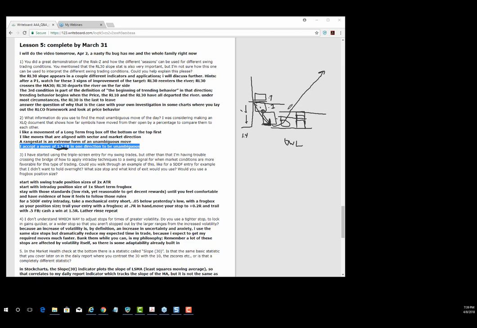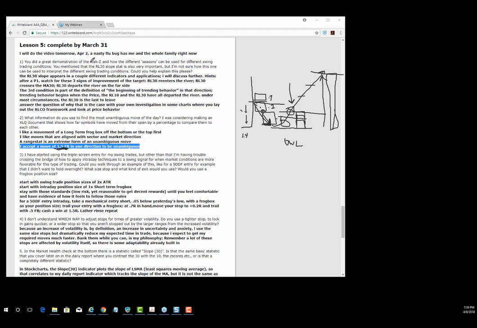Any one of those, and now I consider that to be unambiguous, and off it goes. Now, if it moves from the low of the day a full range stat off the bottom, well, after the fact, that's an unambiguous move. That's why I like to enter after it's moved a frog box off the bottom, because then I might be able to get one or two more moves until it hits a range stat move.